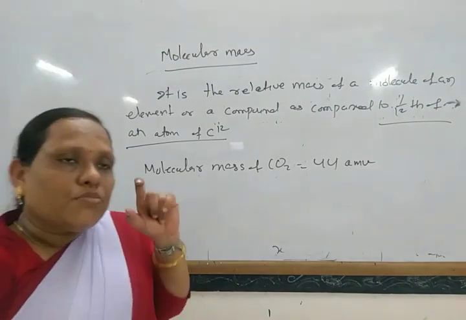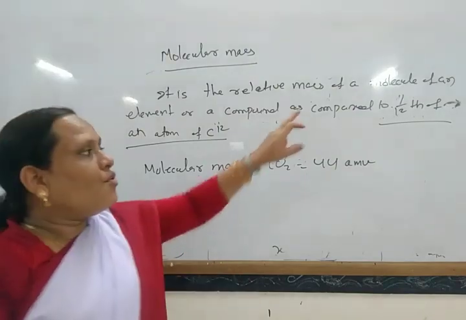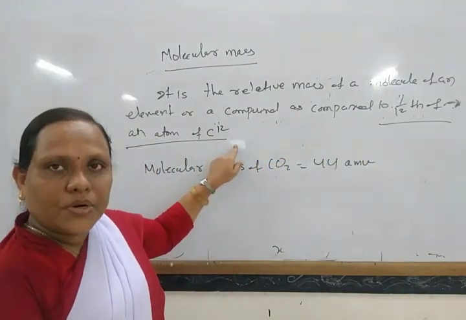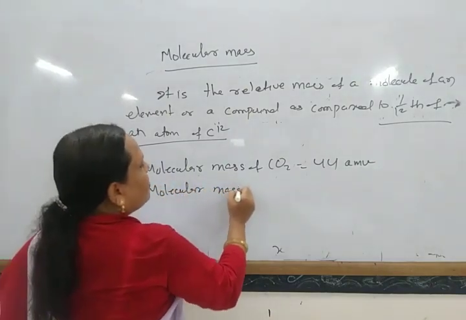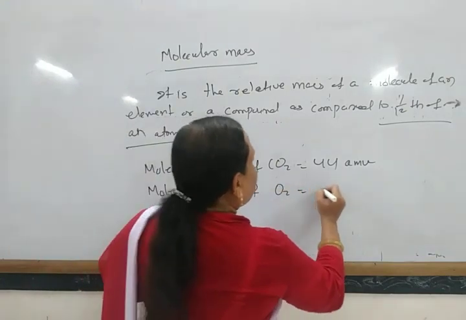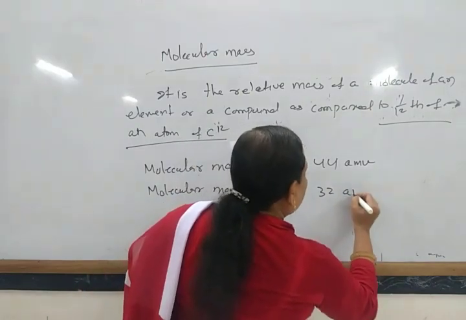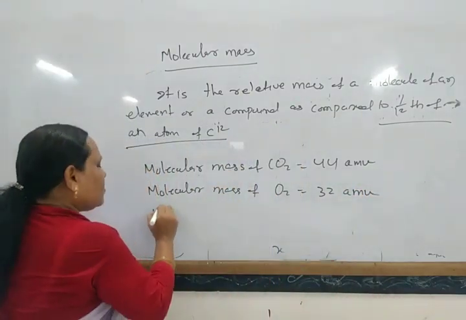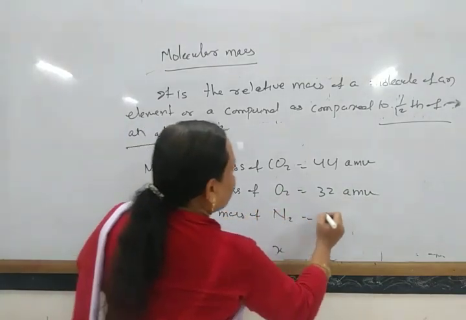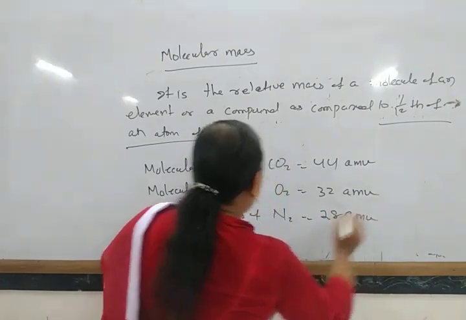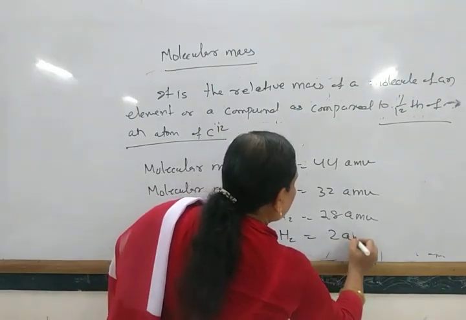Similarly, one molecule of oxygen is 32 times heavier, hence its molecular mass is 32 AMU. The molecular mass of nitrogen is 28 AMU, and of hydrogen is 2 AMU.